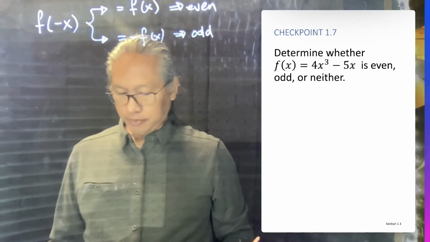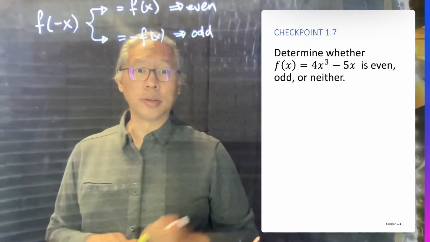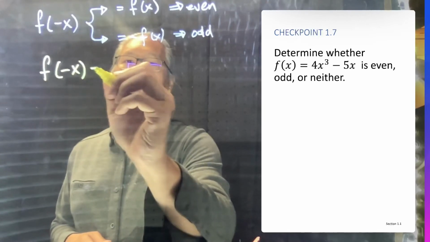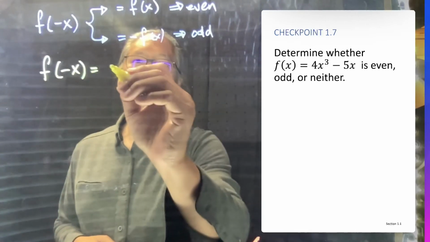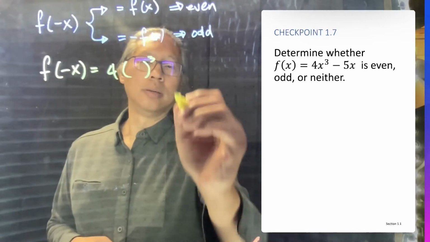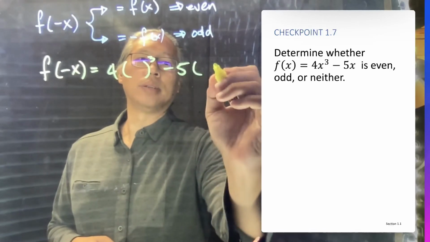All right. So we'll take a look at the function we're looking at, f of x, and we'll put a negative x in there, and that would be 4 times negative x cubed minus 5 times negative x.